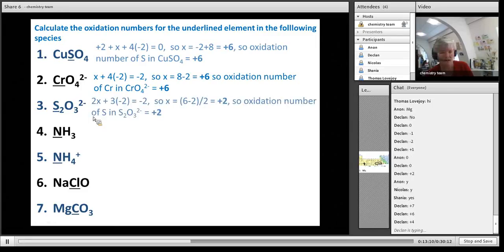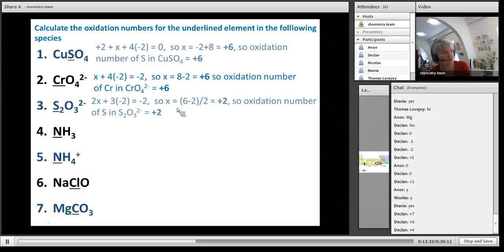Well, it's actually +2 because I have got 2 sulfurs in it. So 2x plus 3 times -2. The 3 is, I've got 3 oxygens, so the -2 there is for the oxygen. And my charge is the total sum, which is -2.